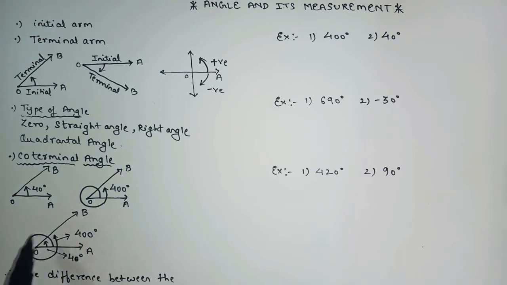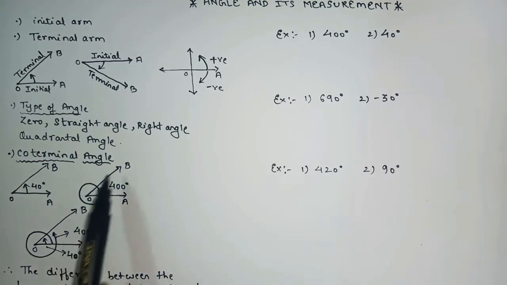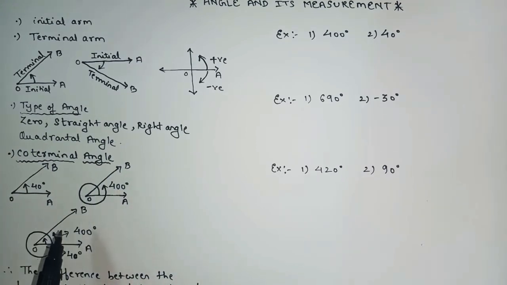Coincide means the angles occur one above the other at the same time. So clearly we can see that if we put this angle on this, its initial arm and terminal arm actually coincide.